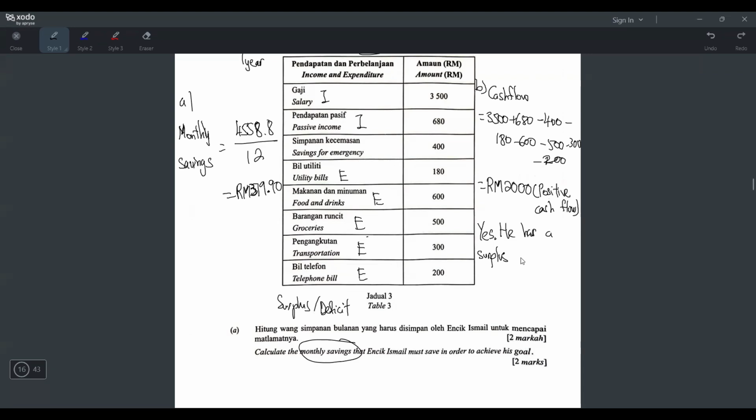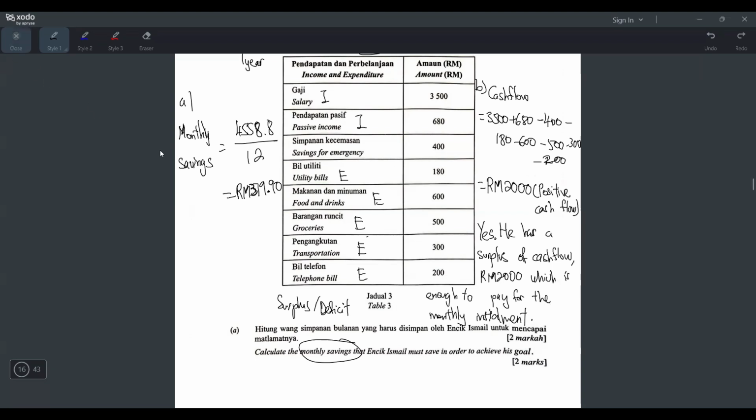So yes, he has a surplus of cash flow RM 2000, which is enough to pay for the monthly installment. Okay, monthly installment, right? And also okay, sudah siap lah, sudah siap.